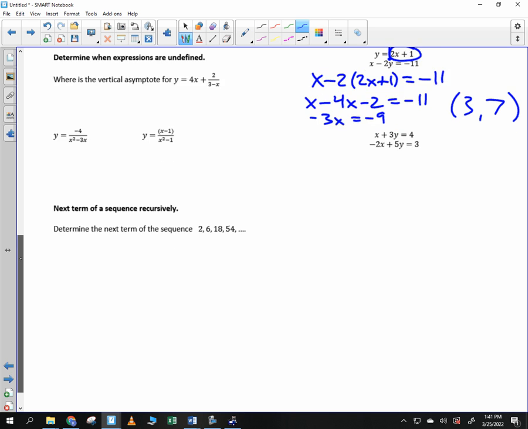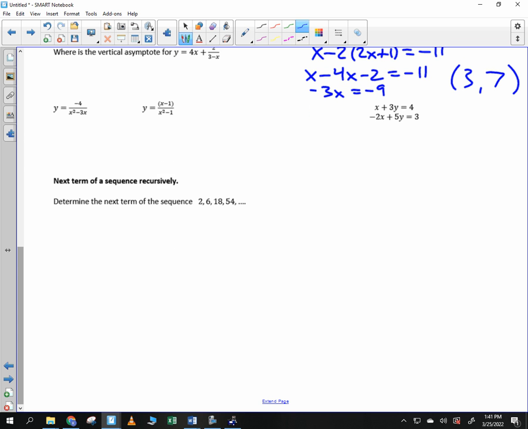What's the other way that we solve systems? Starts with an E. Elimination. So right now if you add these together, nothing will cancel, but I can multiply the top through by positive 2. So 2x plus 6y is equal to 8. And on the bottom, negative 2x plus 5y is equal to 3.